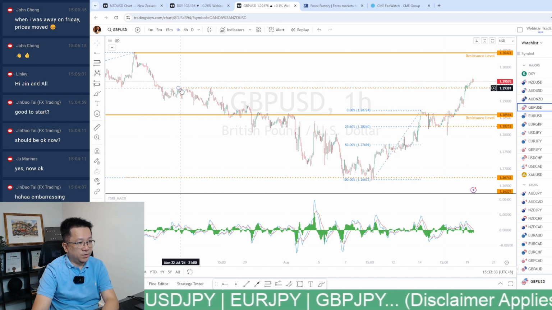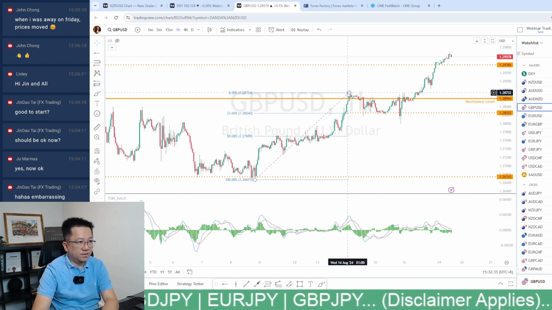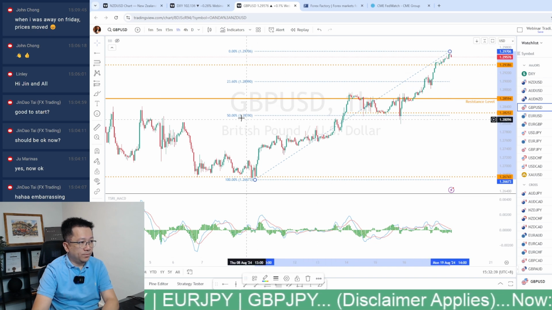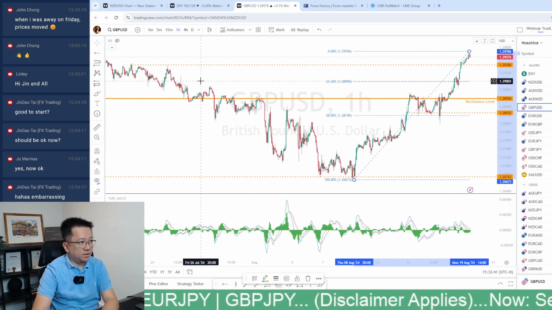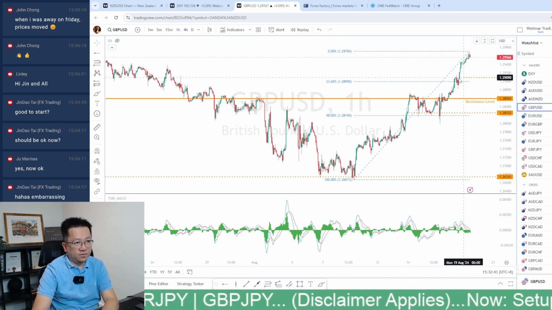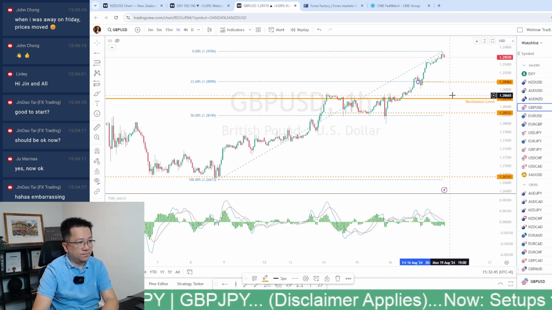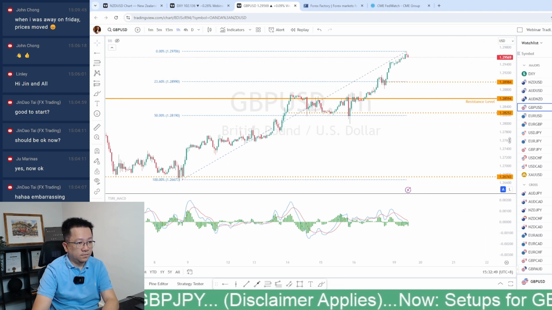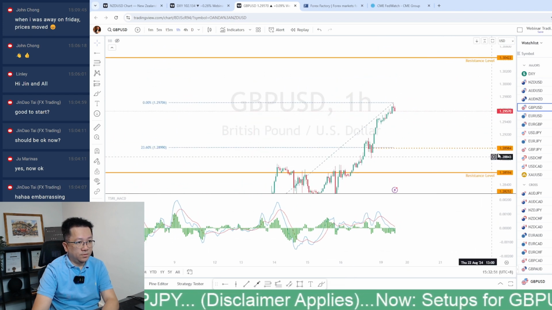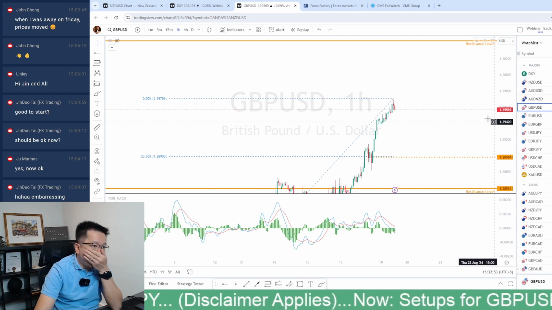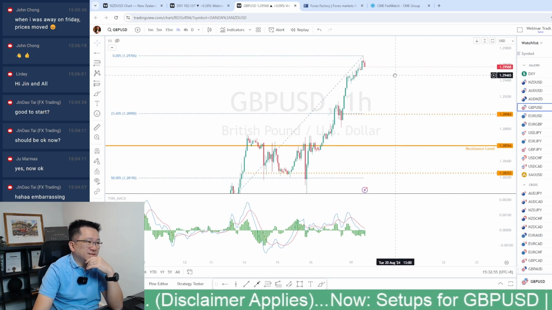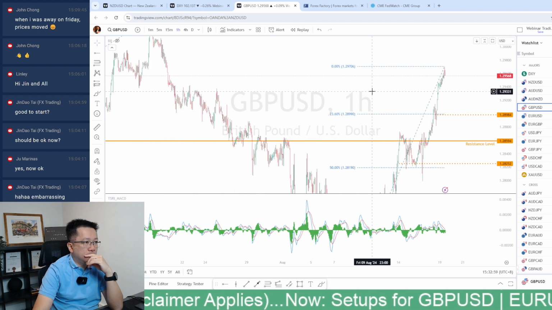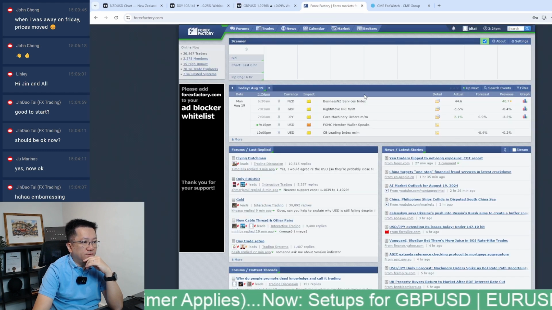We have that swing level, but now if I take this all the way up, 50 is right there, 23 is right here. What you would be looking for, I don't want to be selling this down. I don't see any reason yet.